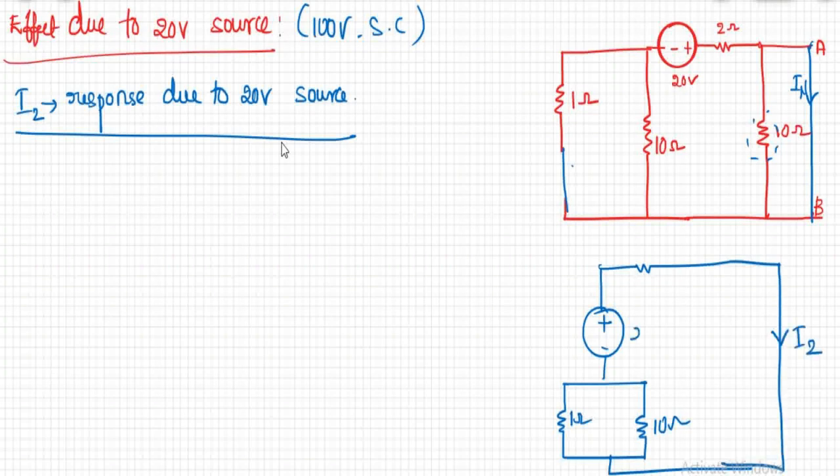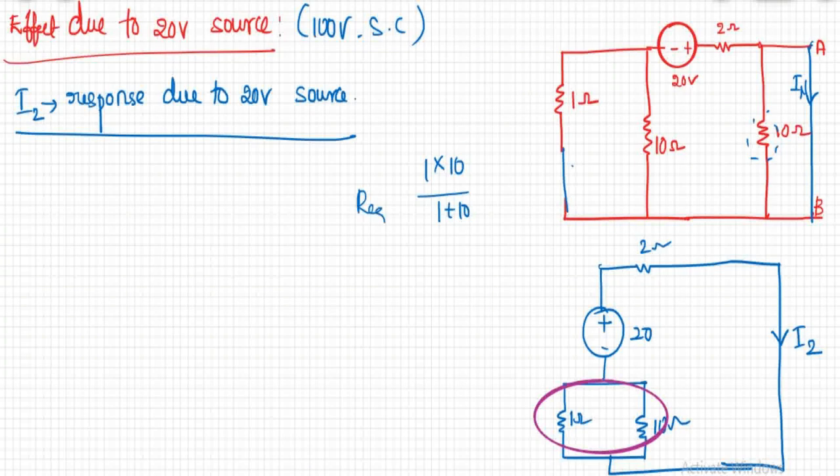Okay, so this is 20 volts, this is 2 ohms. So you can find the total current, that is nothing but your I2 here. This is a very simple network, you can solve for it. So I am finding the equivalent resistance of the parallel combination. That is 1 ohm in parallel with 10, so 1 times 10 by 1 plus 10.